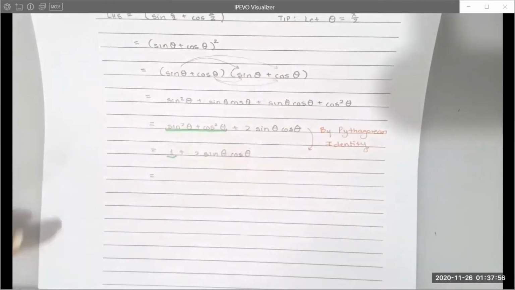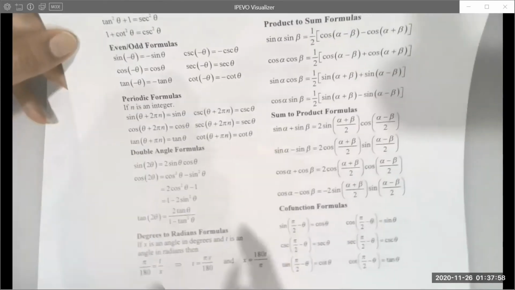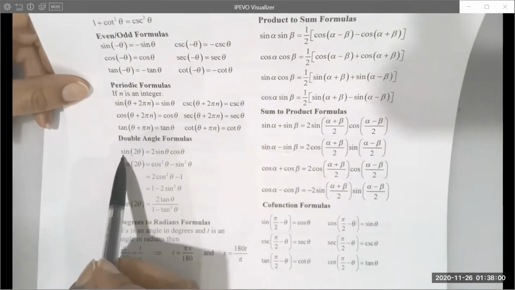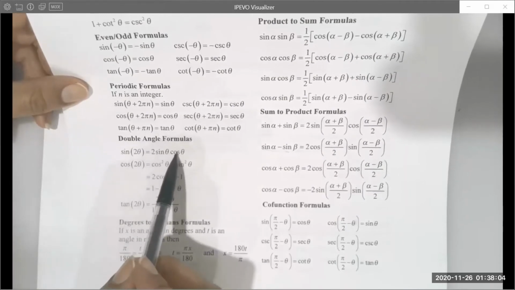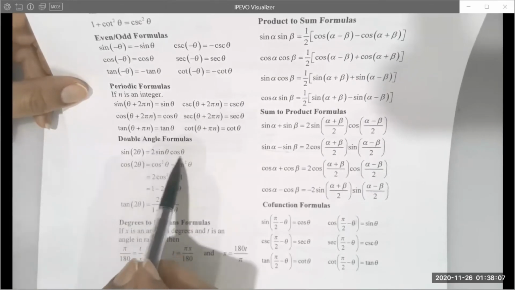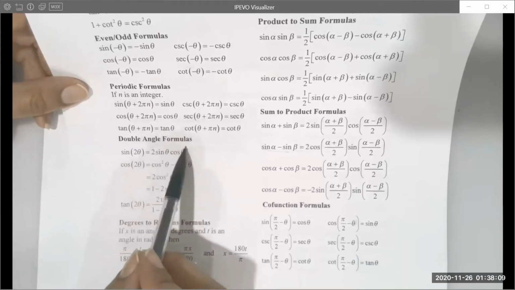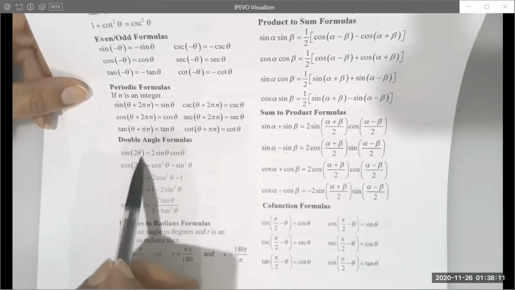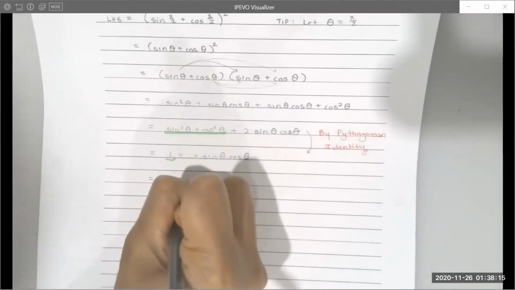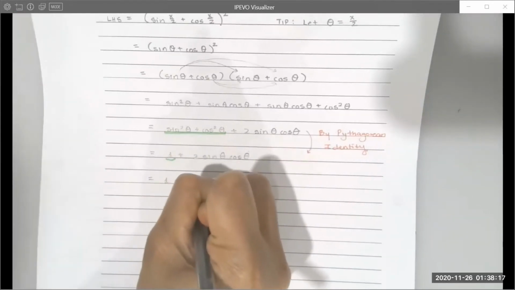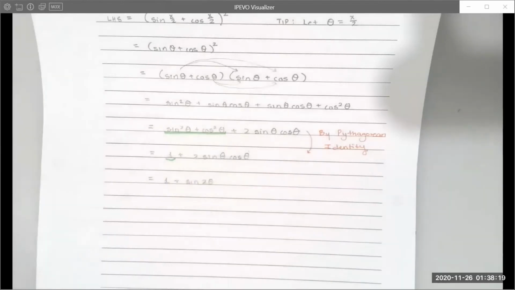Take a look at the double angle formulas. And we have this double angle formula, sine of 2 theta equals 2 sine theta cosine theta. So we actually have this part, right? We have the right-hand side of the formula. So if we apply it, that means that we'll have a sine 2 theta. So we'll have 1 plus a sine of 2 theta.